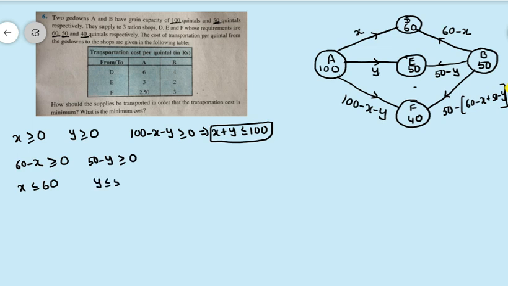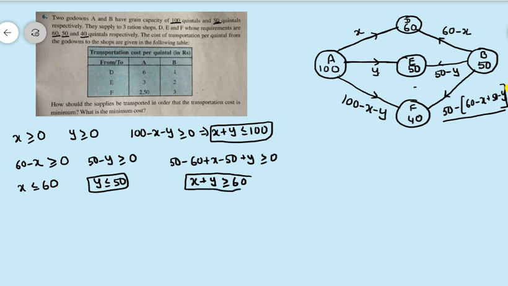That's why I can write y less than or equal to 50. Next from B to F we transported 50 minus (60 minus x) minus (50 minus y) units. This is the total amount we transported. That must be greater than or equal to 0. Therefore we will get x plus y greater than or equal to 60.